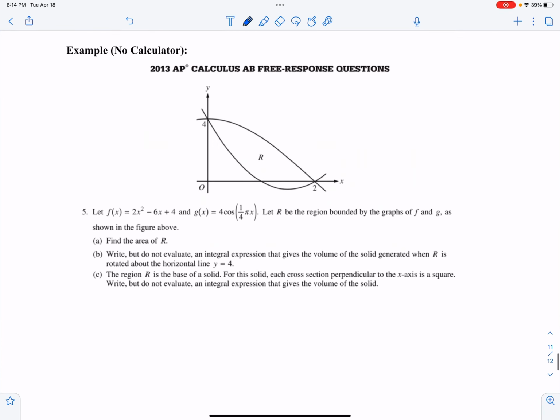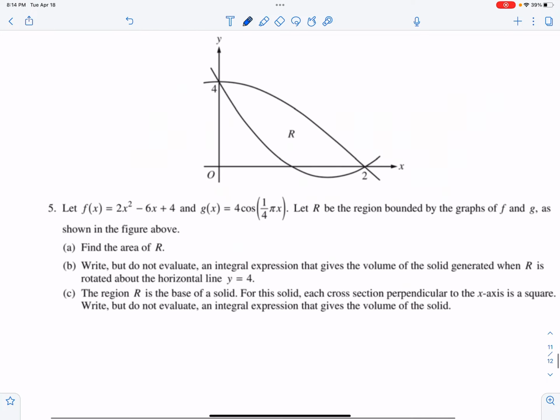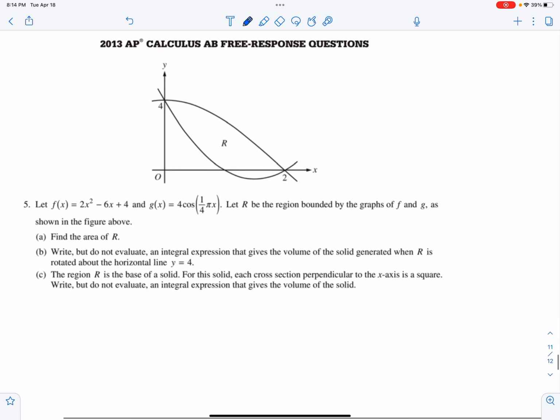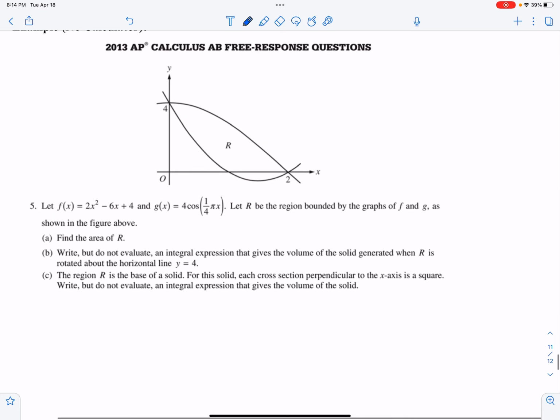Okay, and then for our last couple examples, I have a couple past free response questions. So from the 2013 exam, we are given, so this is no calculator. And I kind of like the no calculator ones of these because for the volumes, a lot of times you just end up having to set up the integral that represents the volume.